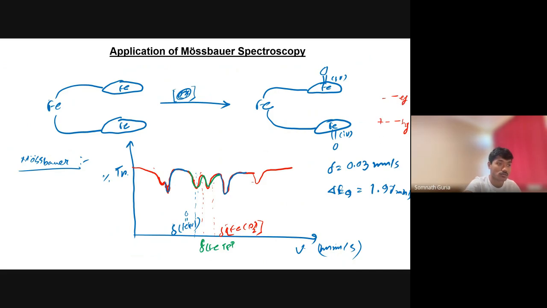What is the electron count? 4 electrons, 1 2 3, high spin. See, this is not exactly something like this. This is the pentagonal coordinate system. So we have something like this electron distribution over here.